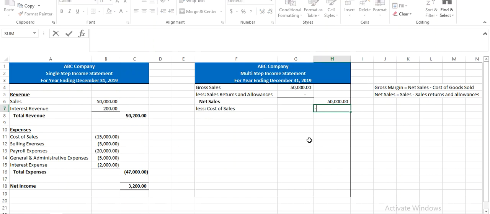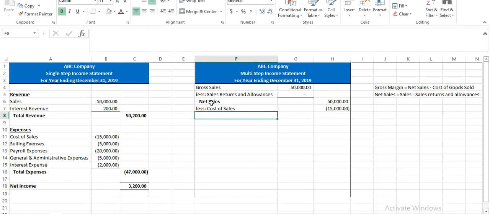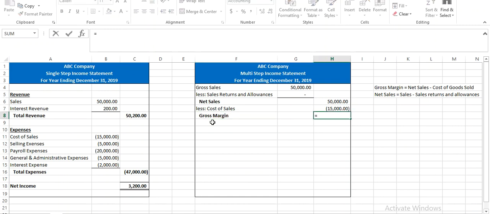And so essentially let's do the same thing over here to make it clear that we're deducting from our net sales, and this gives us our gross margin. The gross margin is going to be 50,000, and I'm going to plus the 15.